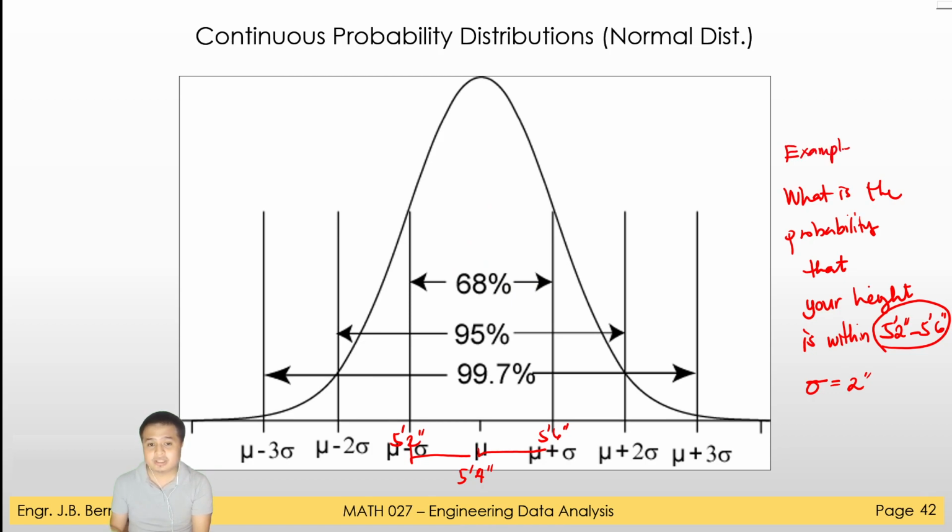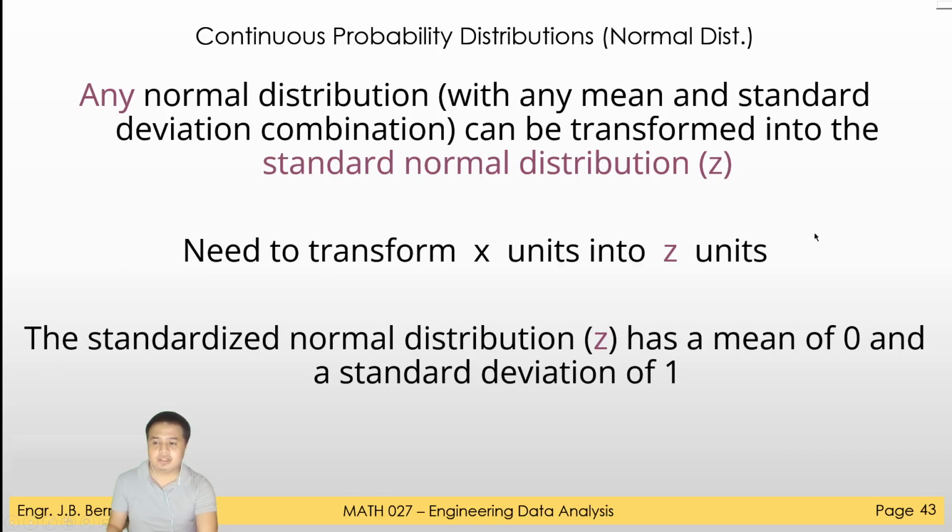Okay, so that is the first motivation for studying the normal distribution. Any normal distribution can be transformed into the standard normal distribution z. We need to transform x to z.